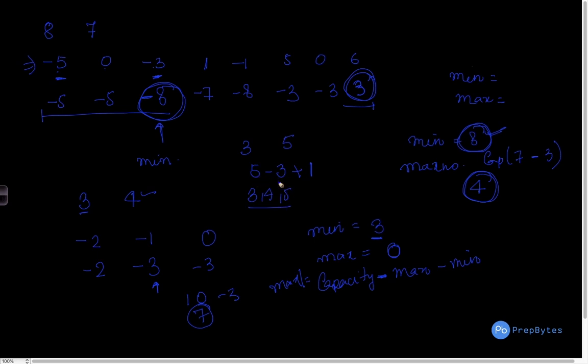But 5 minus 3 gives you 2. Hence we add 1. Similarly here, capacity minus max gives me the maximum number of letters a box can have in the beginning, and min gives me the minimum number of letters a box should have in the beginning, plus 1. This is going to be the equation that gives me the answer.